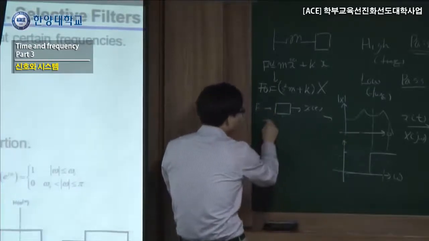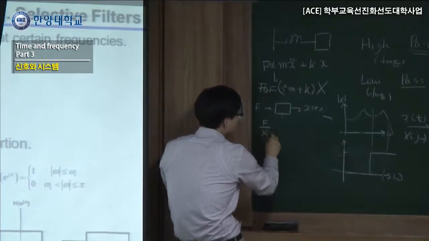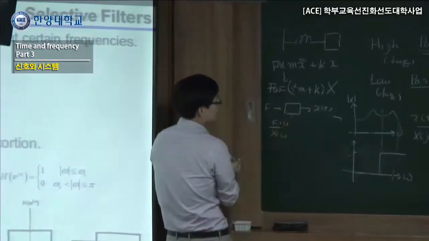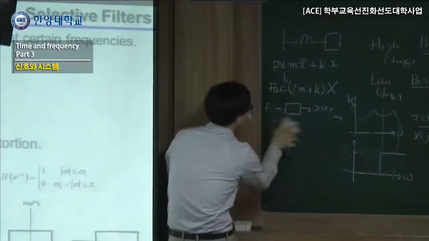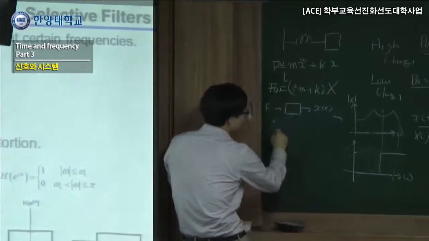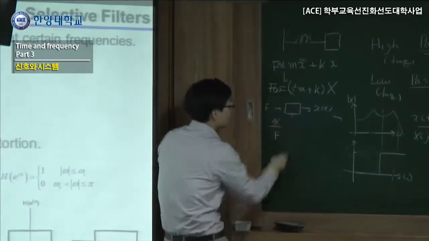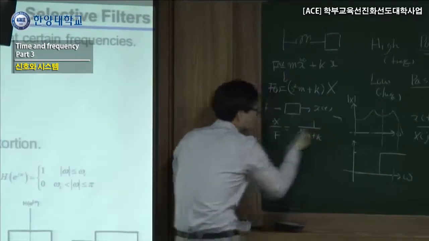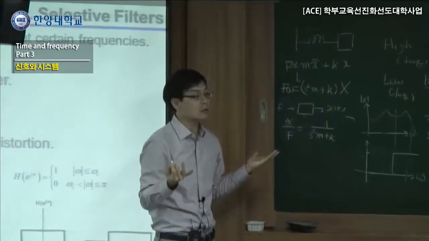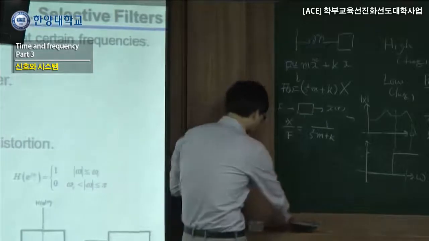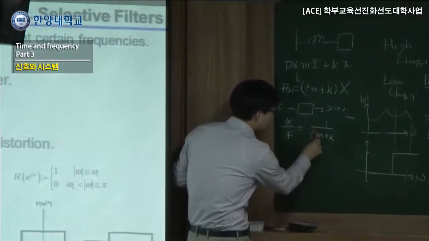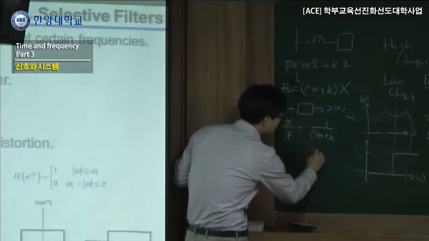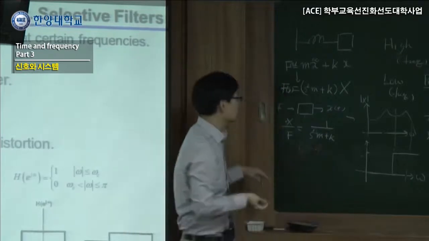So how do we do it? Input to the system is F. Output of the system is X. And it is given like this, right? And when you increase this one, you can say a special case like this.